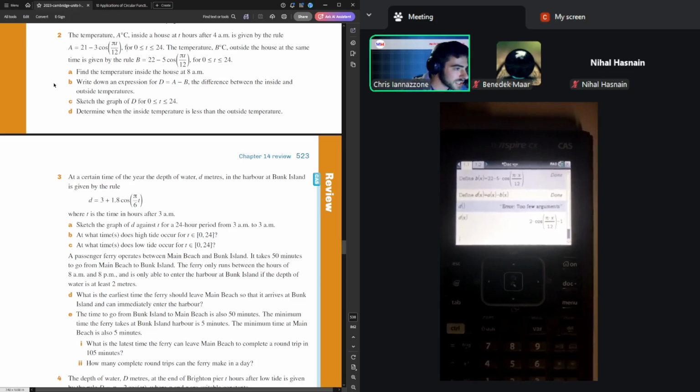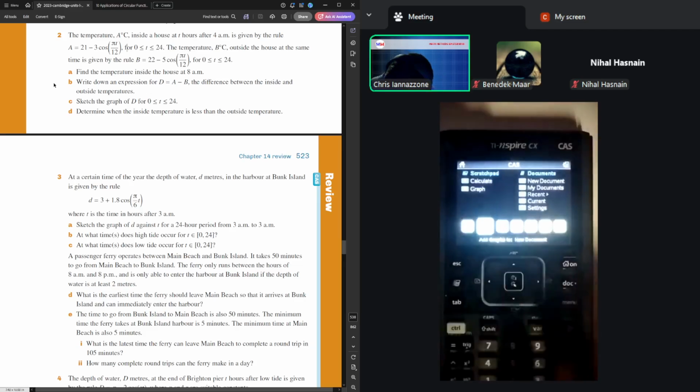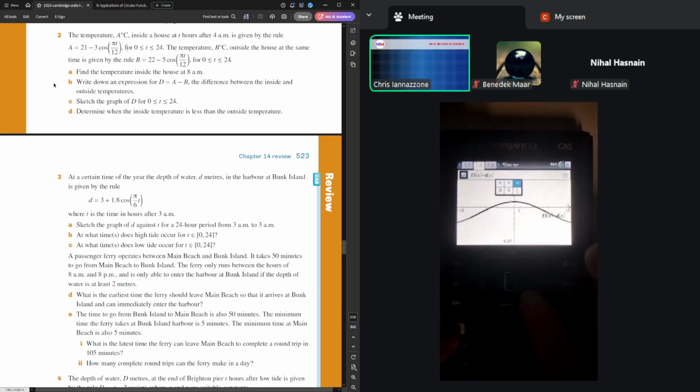Okay, next up, sketch that graph. Again, these are CAS enabled, so that's pretty quick. D, is there a domain? Yes, there is, 0, 24. So let's go ahead and do that. I'll actually put it in here. 0 less than or equal to x less than or equal to 24.